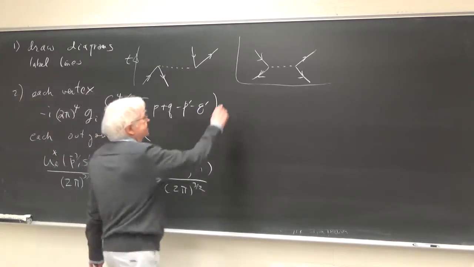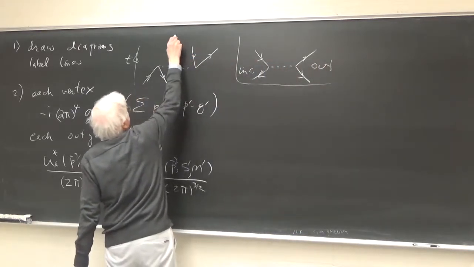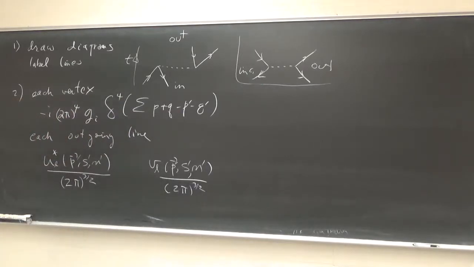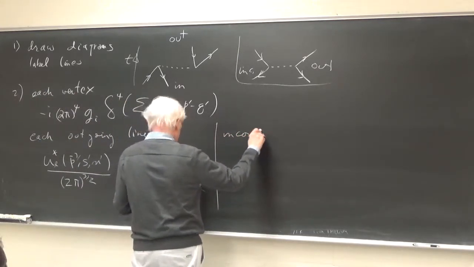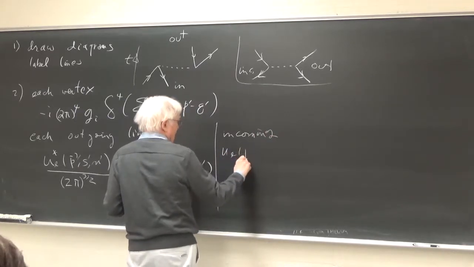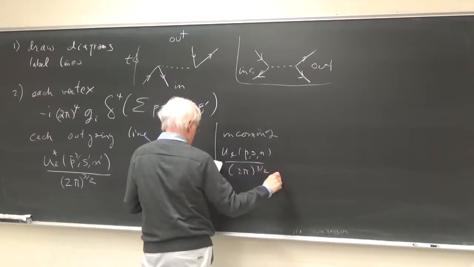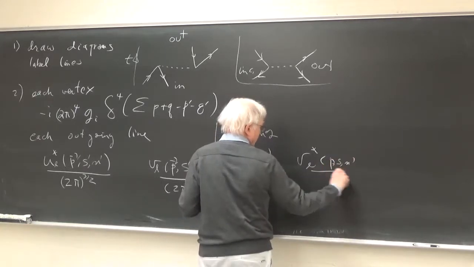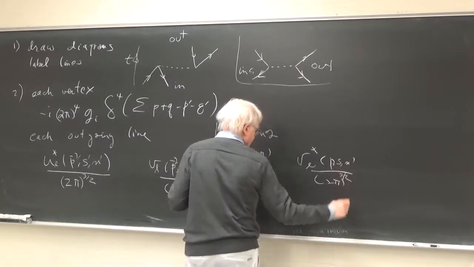So the conventional way is incoming, outgoing, and here, out is at the top, incoming is on the bottom. So these are outgoing lines, incoming lines. It's either u_l of p, s, n over (2 pi)^(3/2), or v_l star of p, s, n over (2 pi)^(3/2).